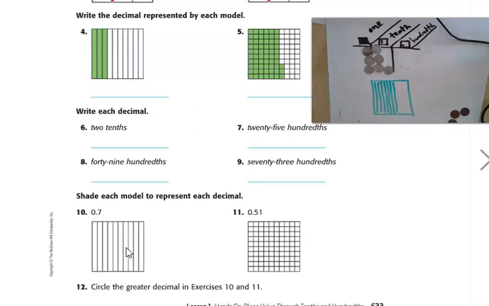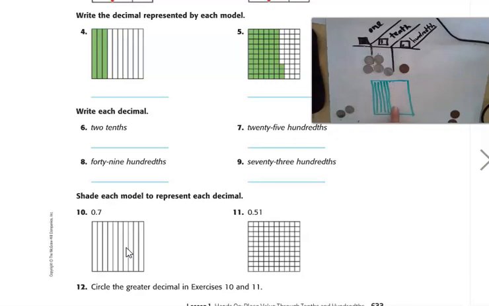Now if I wanted to show 51 hundredths, like in problem number 11, 51 hundredths. And that's how I do it with coins, but that's not what it's asking me for. It's asking me to show it with my model.